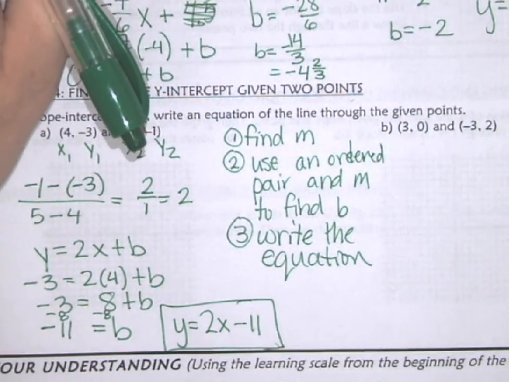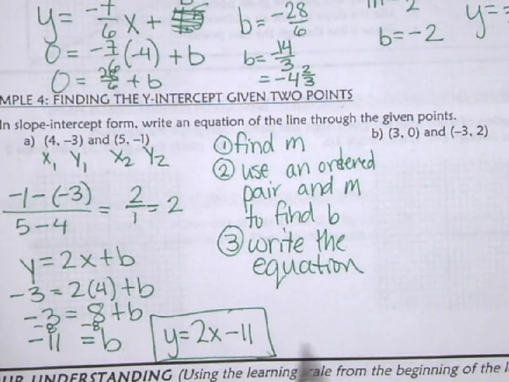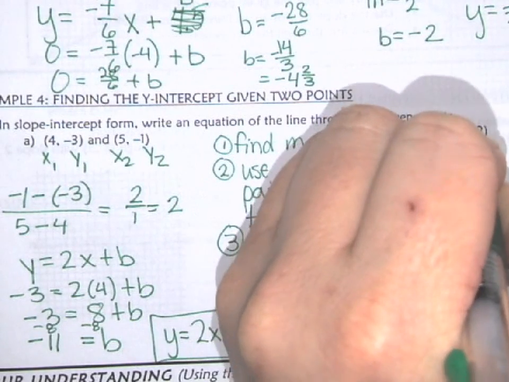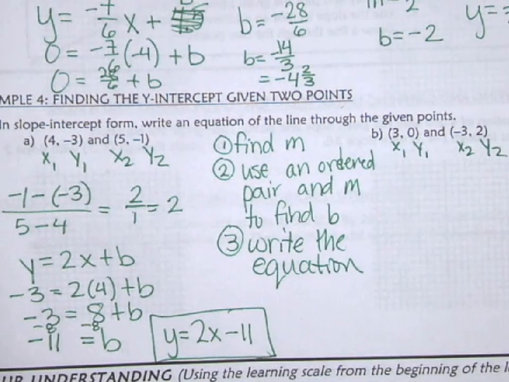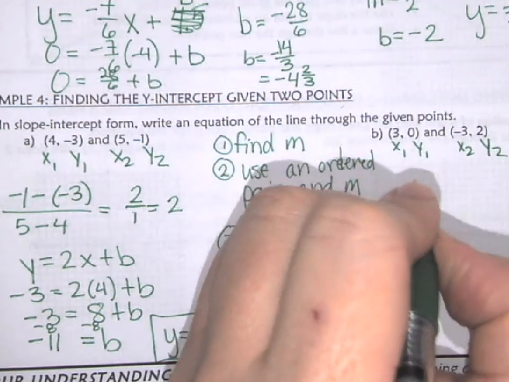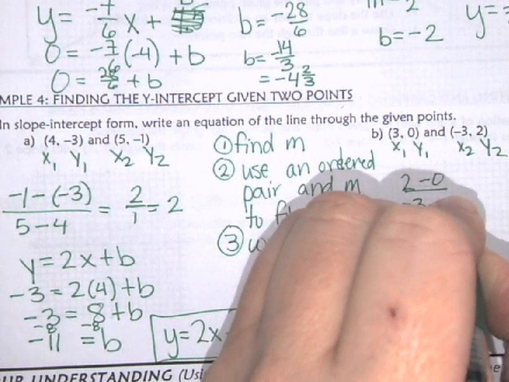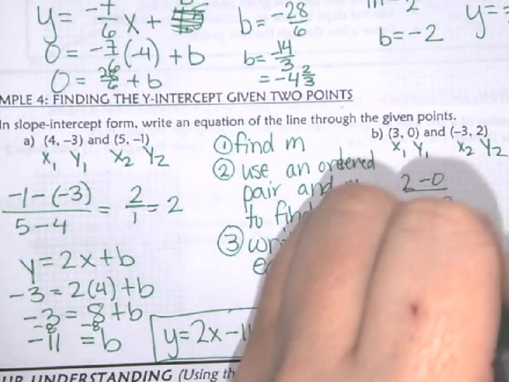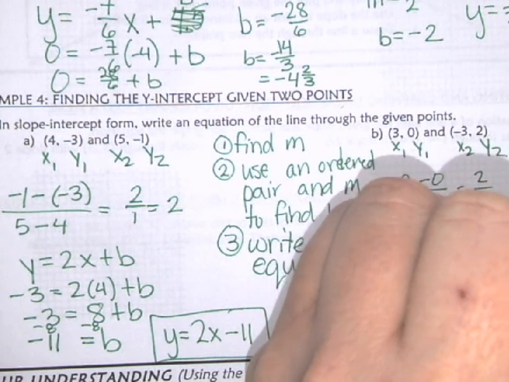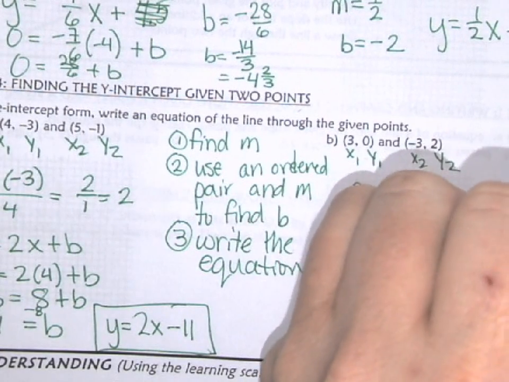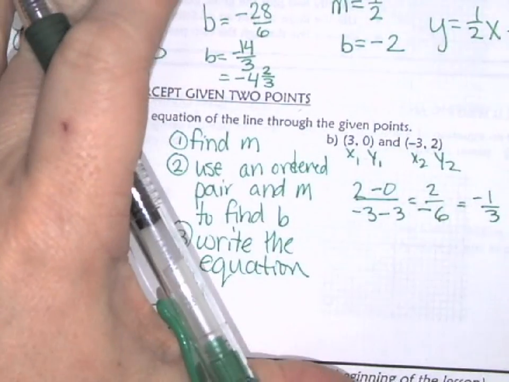Our final example, we have 3, 0, and -3, 2. So x1, y1, x2, y2. 2 minus 0 over -3 minus 3 is going to give me 2 over -6, which is -1/3.